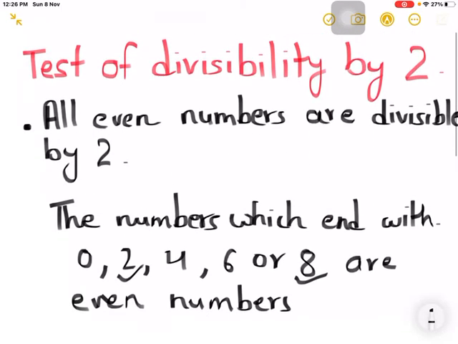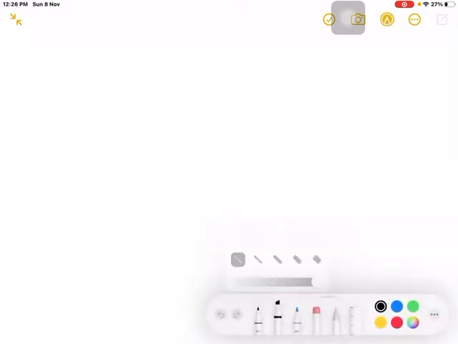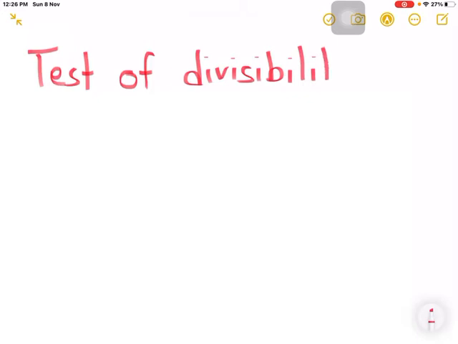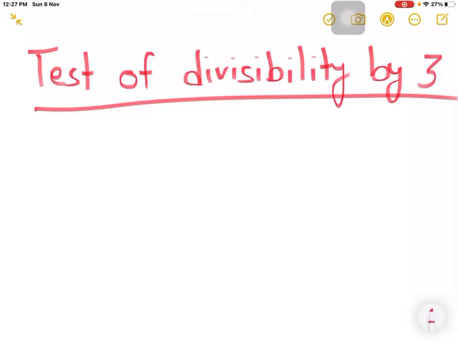Understood? So let us go to the another rule, the test of divisibility by 3. For 3, a number is divisible by 3 if the sum of digits of that number is divisible by 3. So let me write the rule here.